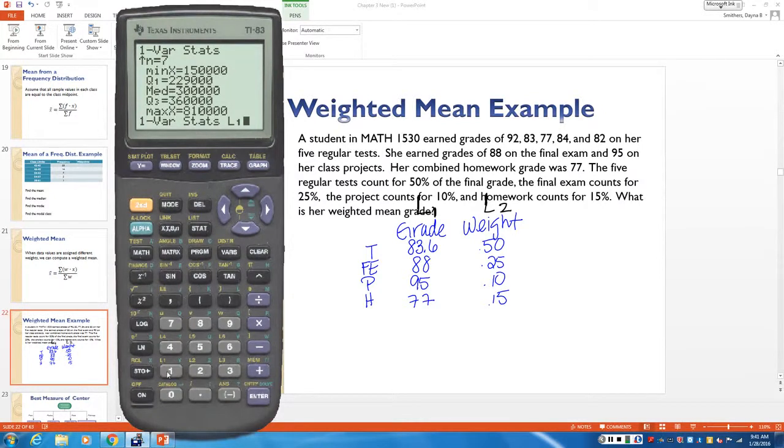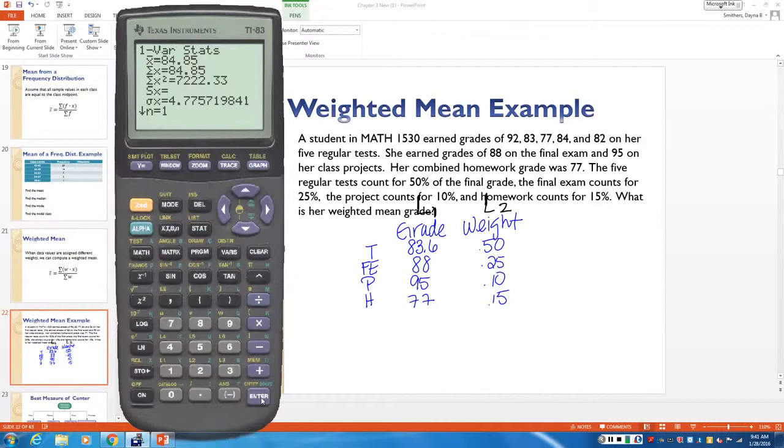What now pops up? L1. You're then going to put a comma. The comma is above your number 7. You'll then do second again and the number 2. This is what tells the calculator to draw from both of those. L1, comma L2. Now press enter.